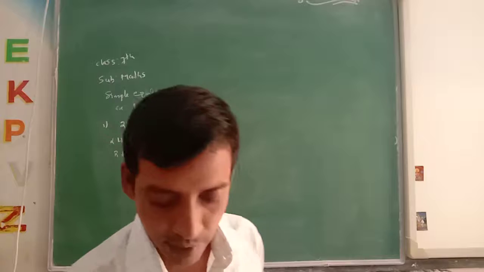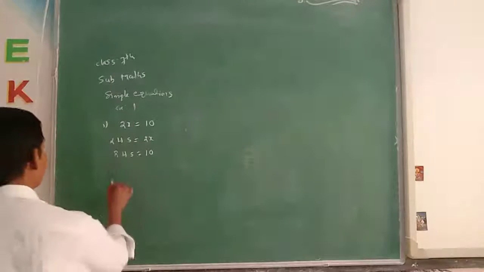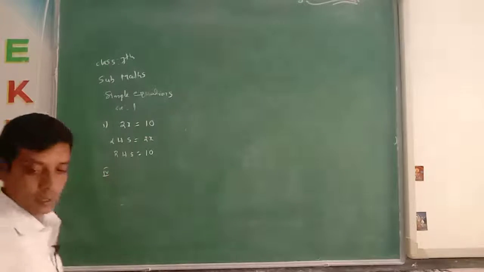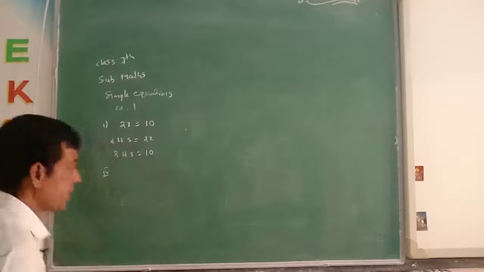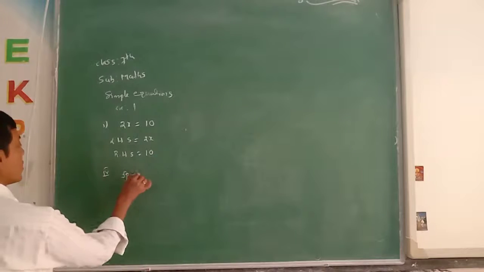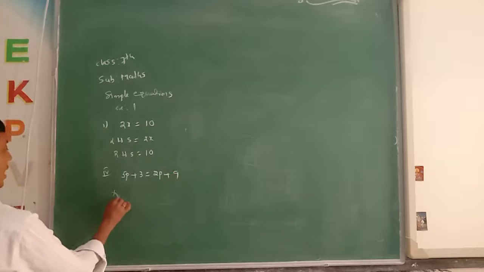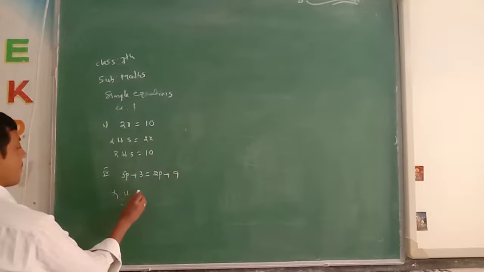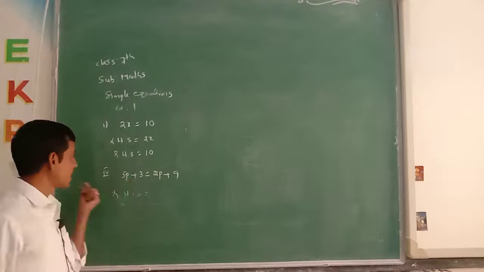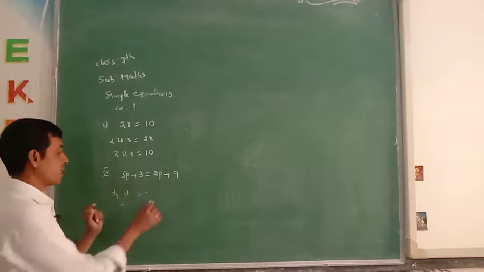Okay? Now let us see the fourth one: 5p plus 3 is equal to 2p plus 9. So here also, LHS, the left hand side, is 5p plus 3.